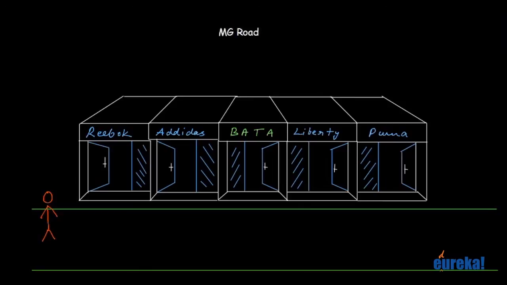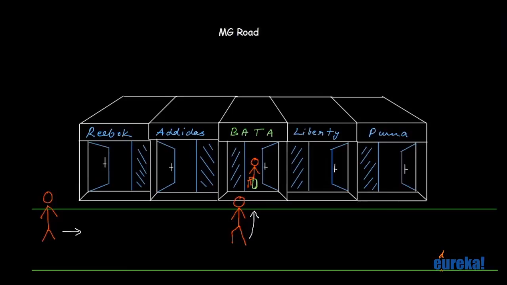So what's he going to do? He's going to basically walk down MG Road, looking at one shop at a time. And when he finds, let's say this is the Bata showroom, when he finds the Bata showroom, he goes in, asks them for the shoe that he's looking for, and walks out if he finds it.